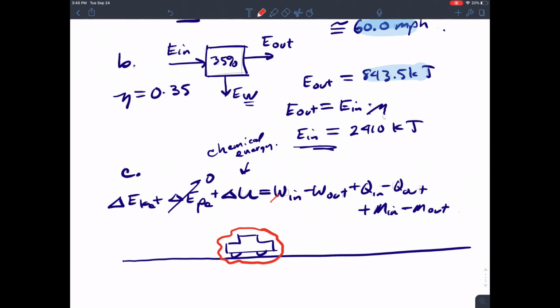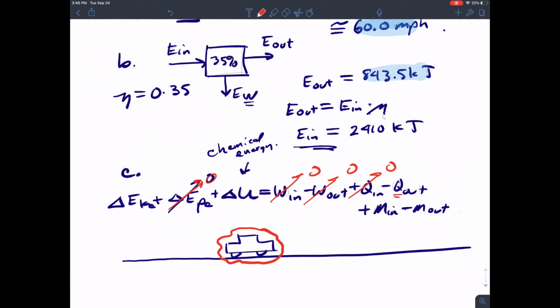So work in and work out are zero, heat in is zero, but from the engine there is heat going out, so that term is non-zero.